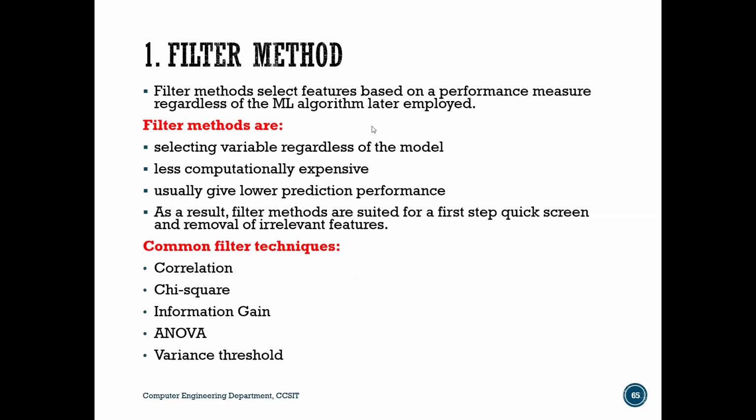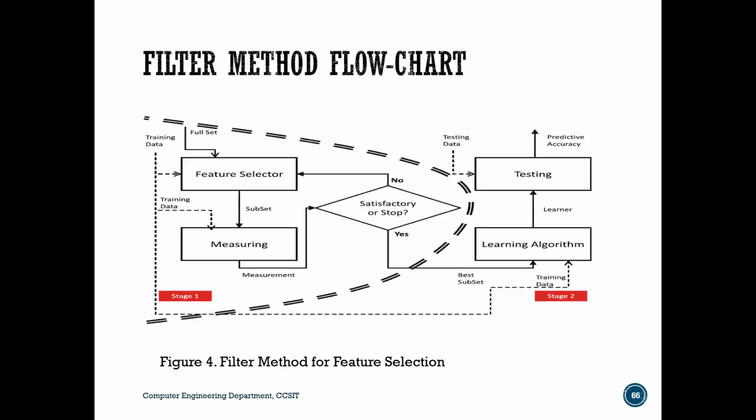So we will use the first method. The first method is called the filter method. What are the common filter techniques? These are the filter technique methods. So in the filter method, what are we going to do? First, we select the features here.